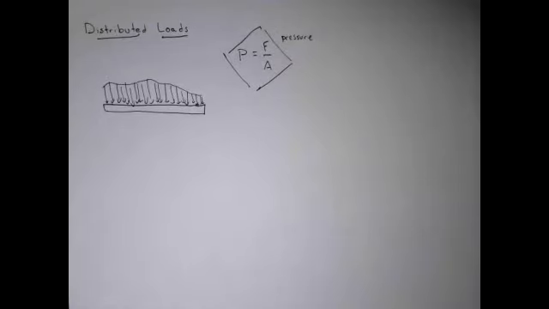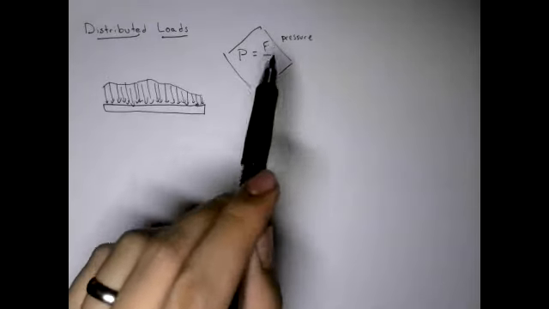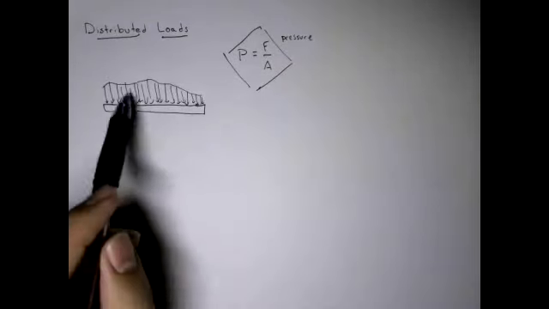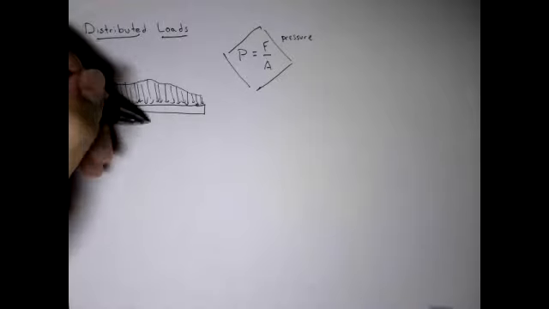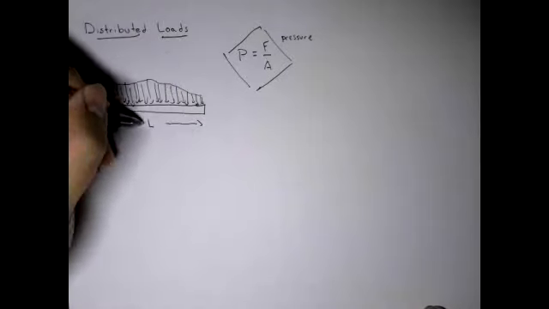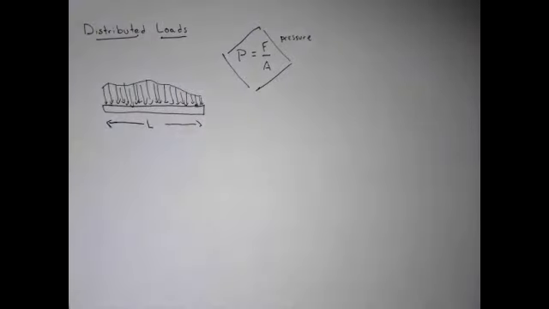Just like pressure is a force distributed over an area, our distributed load will be a force distributed over a length. Why length? Because in our two-dimensional study, we're going to look first at forces in 2 dimensions. However, we can always apply whatever we learned today to the study of pressures as well.